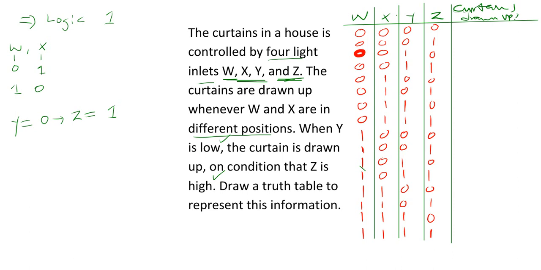So it means the curtains will be drawn up, meaning at this column the output is 1. But we have to consider also the condition that when Y is low, the curtain is drawn up when Z is high.